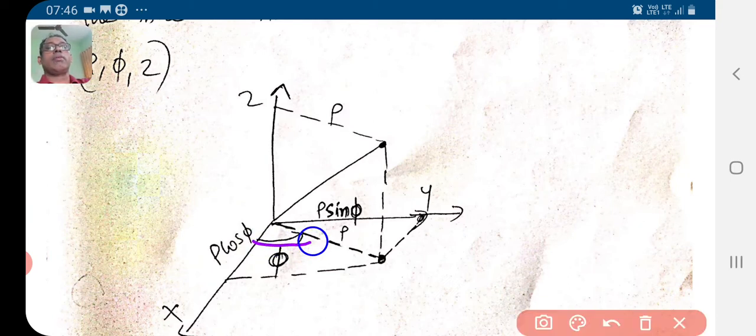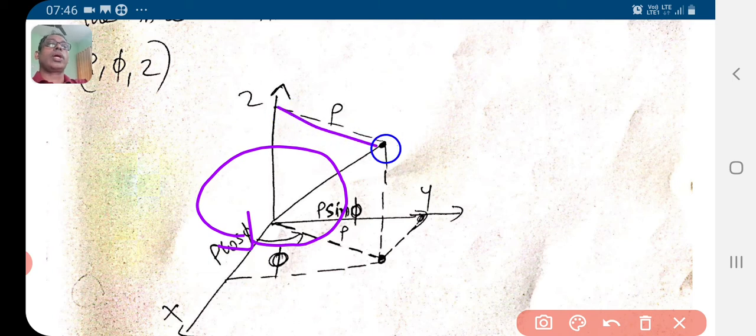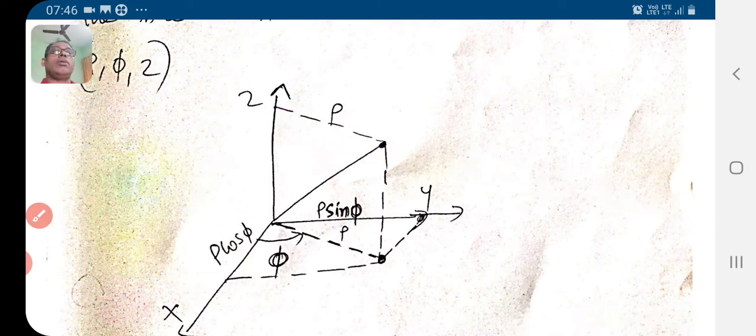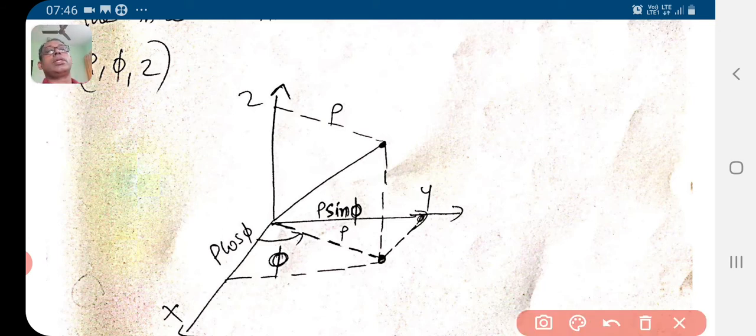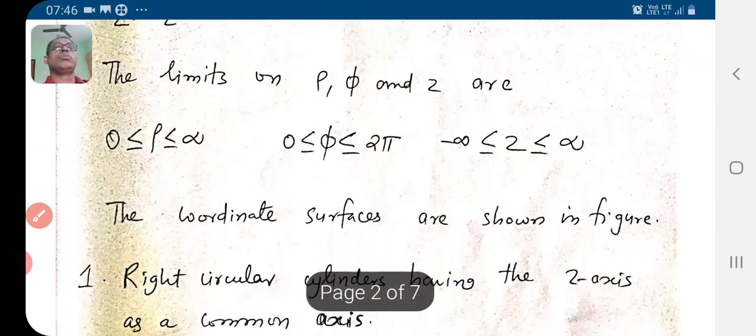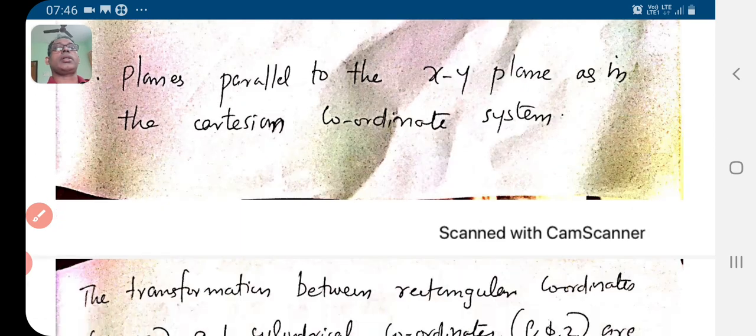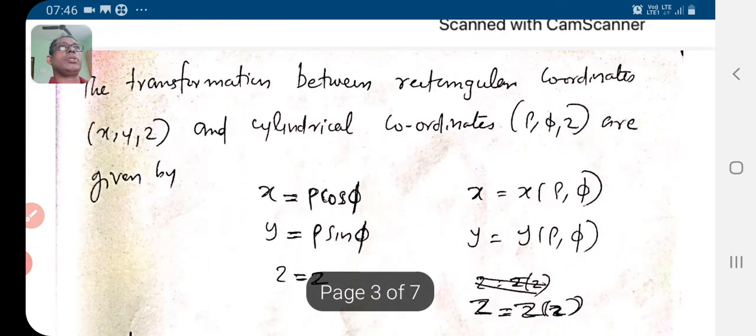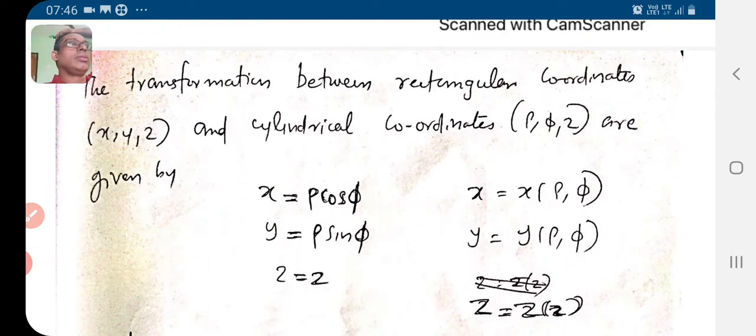And what about z? z can be positive or negative, and it varies from minus infinity to plus infinity.